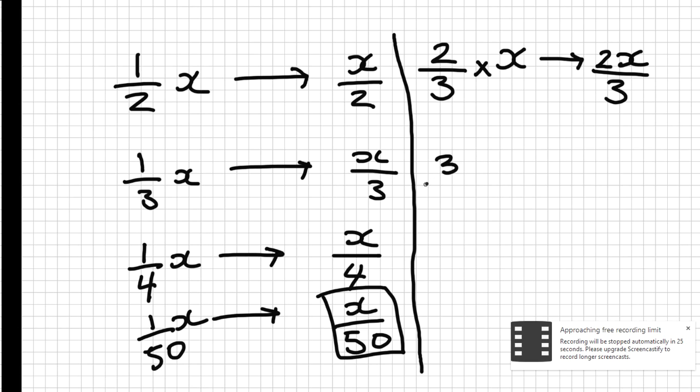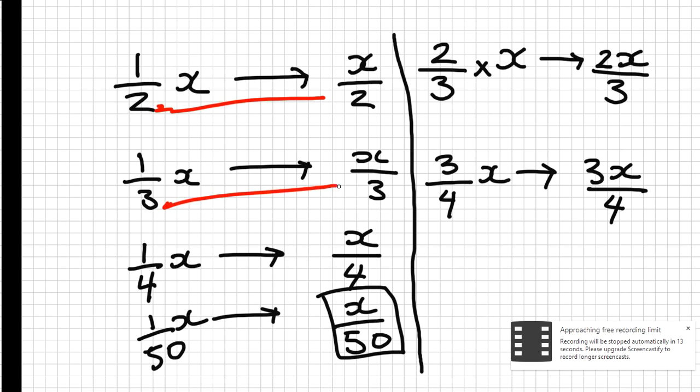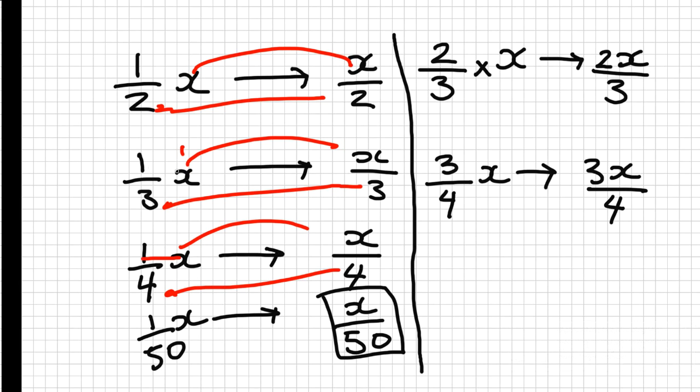If I have 3/4 x, that is the same as 3x over 4. So you see, everywhere here, this bottom line stayed the same. There's a 3 and a 3, 4 and a 4, except the x is there. So it's like we're timesing the x by this top number. So here, 3 and 3 stayed the same. We times this x by this top number.